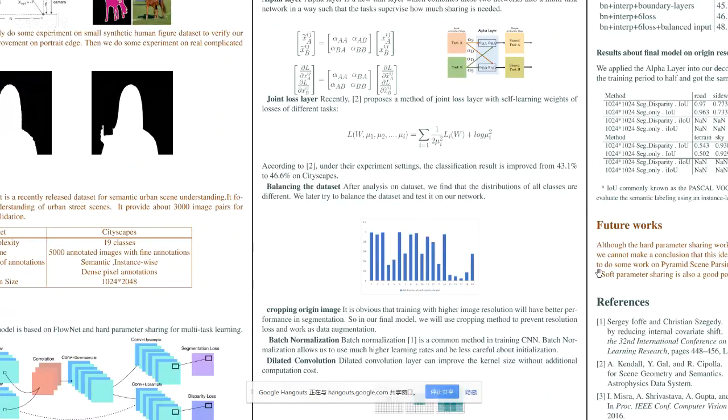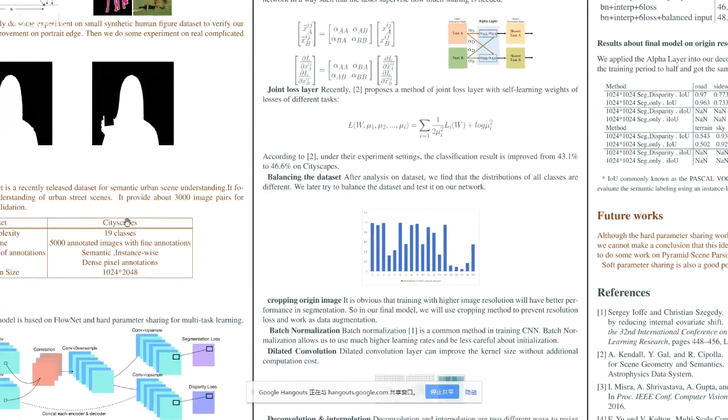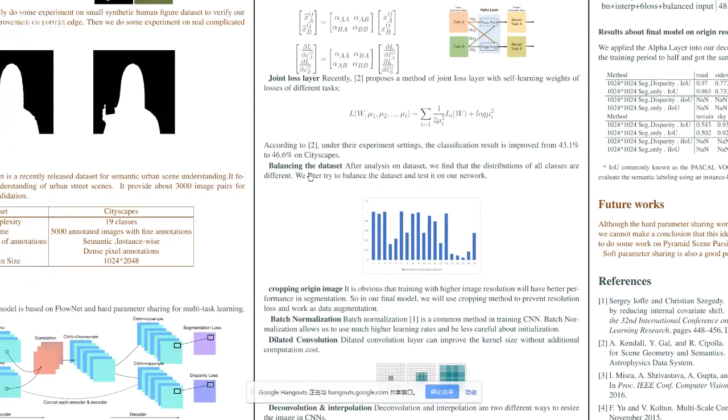Second is the modification of the dataset, because 3,000 images is quite small compared to other datasets. So we try data augmentation in this part. First is balancing the dataset, and second is cropping the original image.